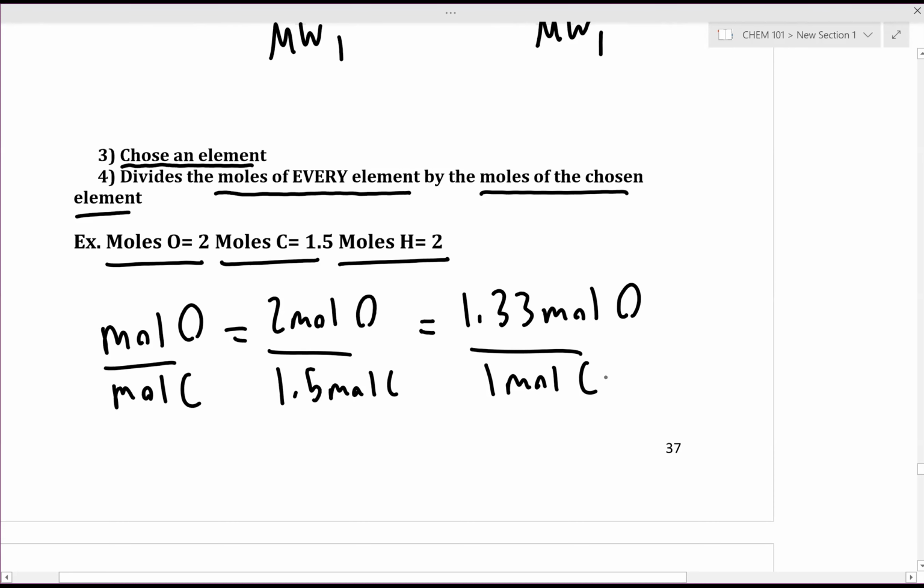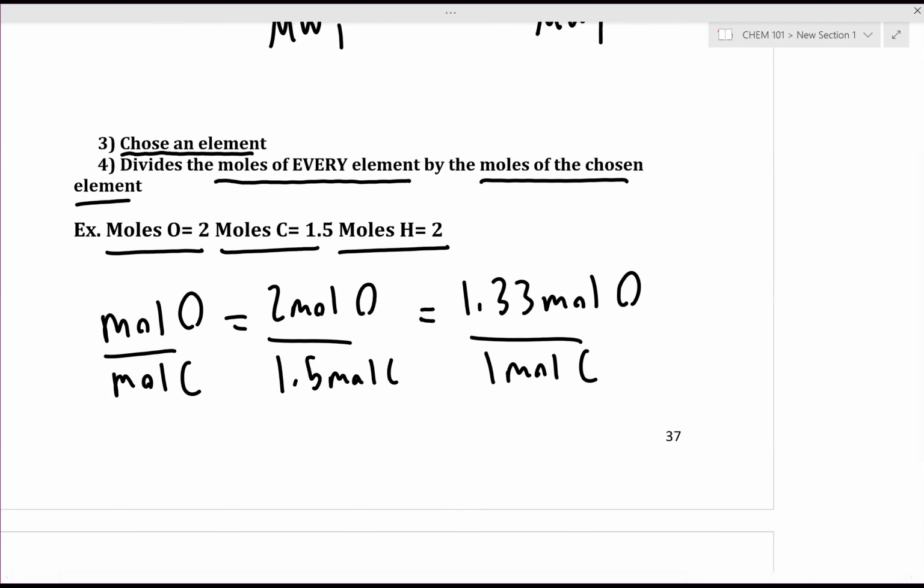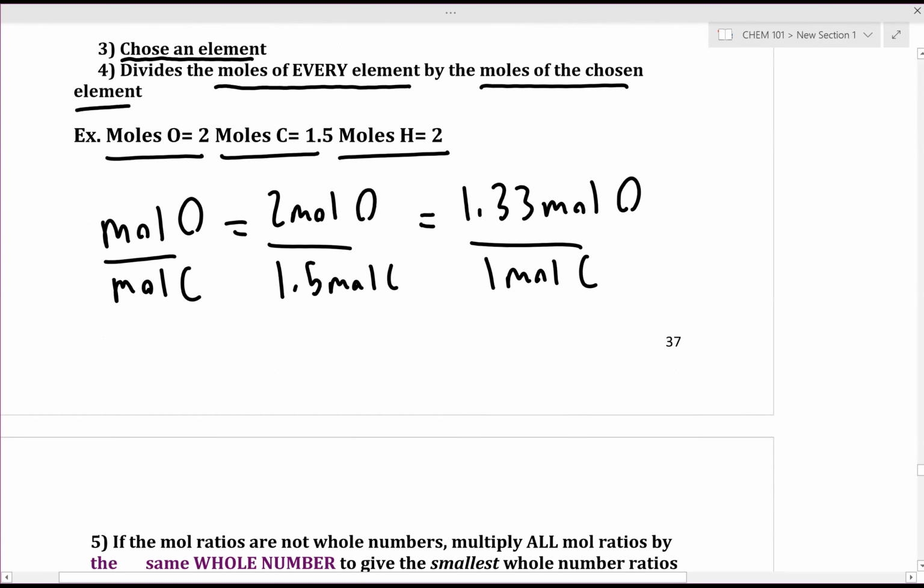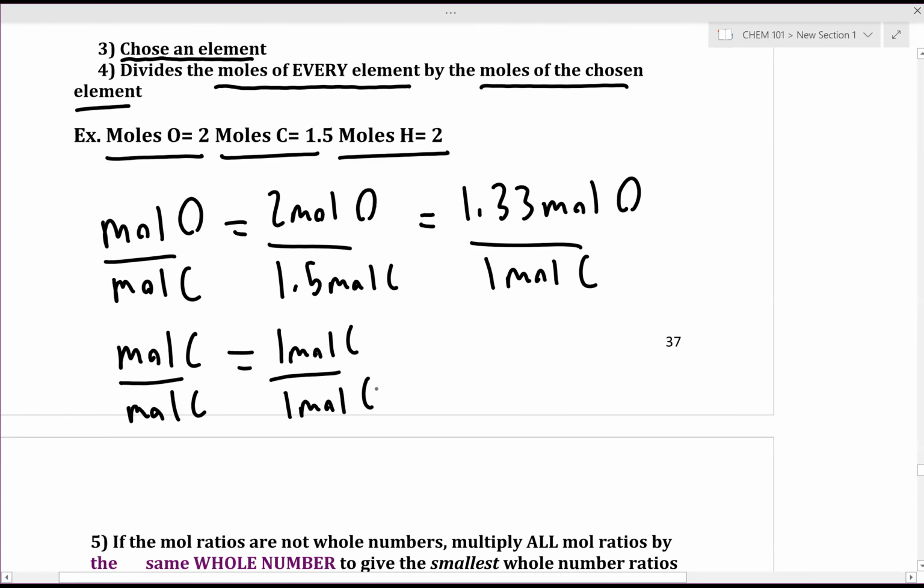We're going to repeat this process for each element in our compound. The moles of carbon per the moles of carbon is a bit of a freebie. If you divide the moles of something by the moles of that same thing, are these the same quantity? Yeah, so it's inherently going to be 1-to-1. So we have 1 mole of carbon per 1 mole of carbon.